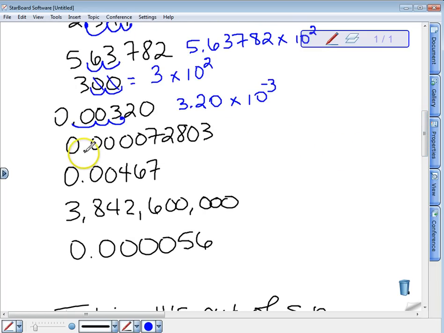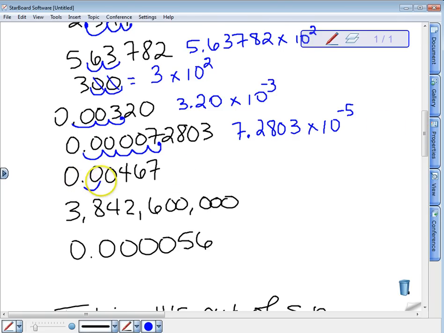Here I'm going to move my decimal 1, 2, 3, 4, 5 places. So I'm going to have 7.2803 times 10, 1, 2, 3, 4, 5, to the negative 5.